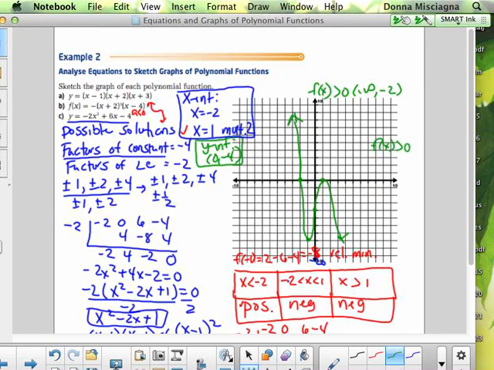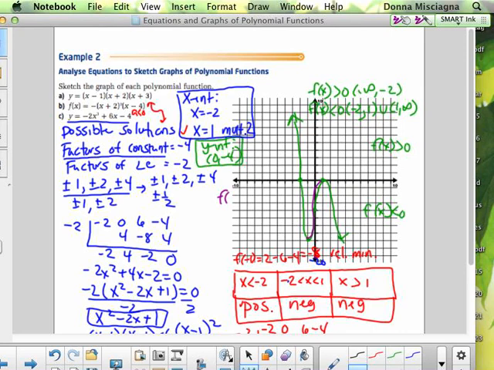Everywhere else, we are below the x-axis. So f of x is less than 0 for negative 2 to 1, and then again from 1 to infinity. I'm going to get a darker color to write with. All right, and then we're increasing, where the y values are getting larger. There's only one place where the graph is increasing, and it's right here.